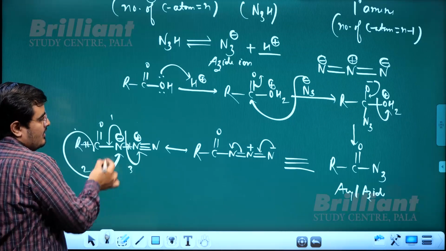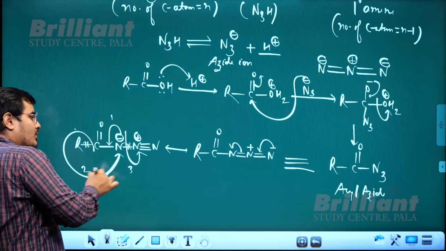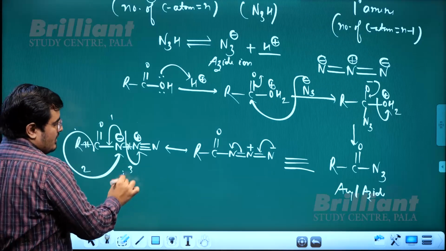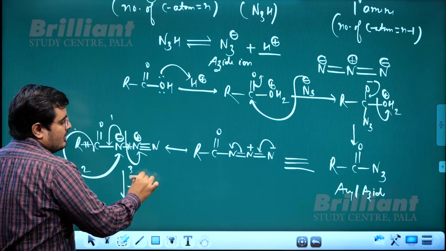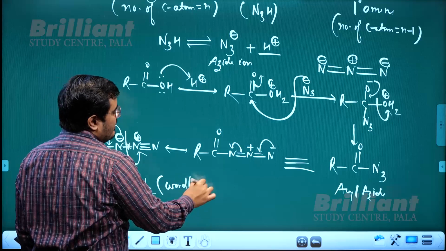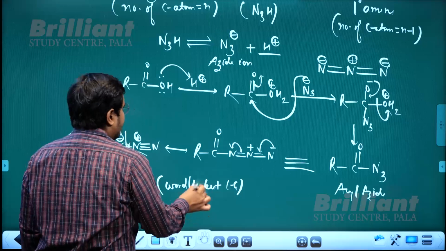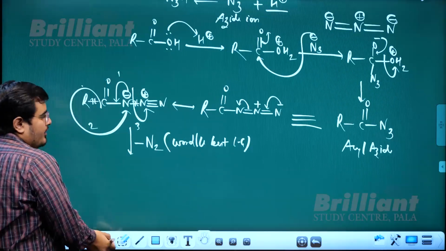Let's say this is 3. So from this species, the N2 will leave, one of the world's best leaving groups. Or you can say the driving force of this rearrangement is the leaving of N2.